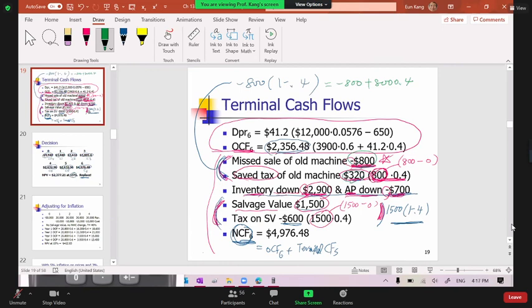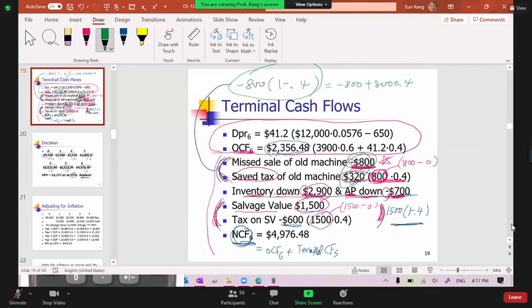So this one combines these two. Same thing here: 1500 times 1 minus 0.4 is 1500 minus 1500 times 0.4, and that's exactly this, 1500 minus 600. So that combines these two.